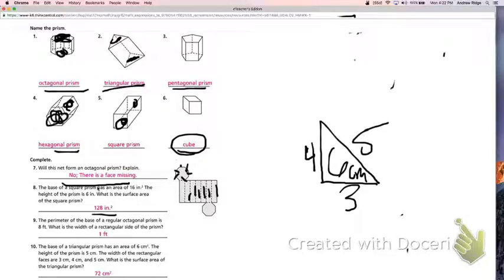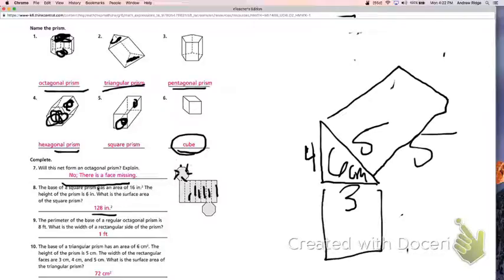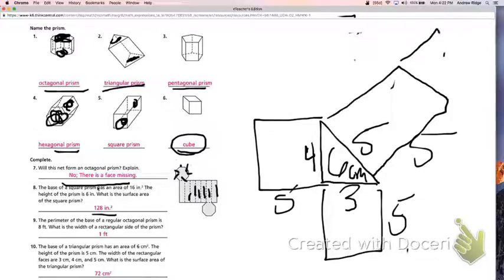We know that its height is 5 centimeters, so that's 5 by 5. That's 3 by 5. That's 4 by 5. And then up here is the top base of the prism, which would be another 6 centimeters squared, because both bases are the same.